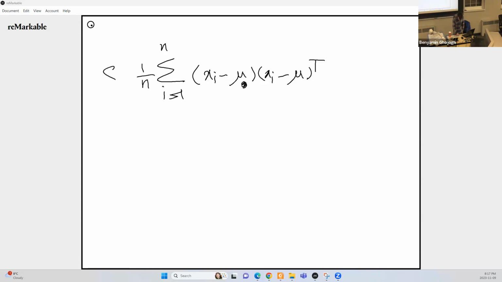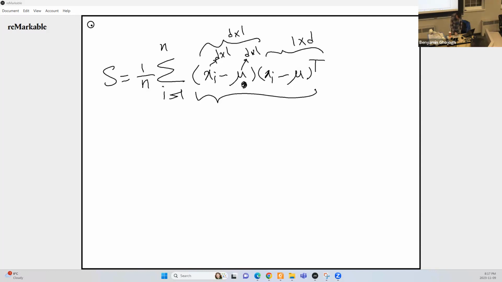This is the covariance matrix, right? Can you tell me what the rank is? Consider for now what is inside the summation. Ignore the summation. Xi minus mu is d-dimensional, d by 1. This is d by 1, so the whole thing here is d by 1. This is 1 by d. The whole thing is d by d. Agreed?